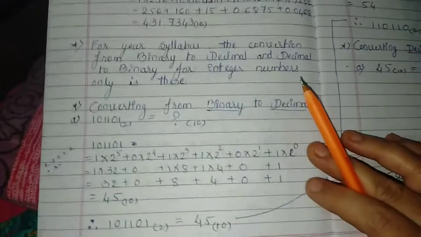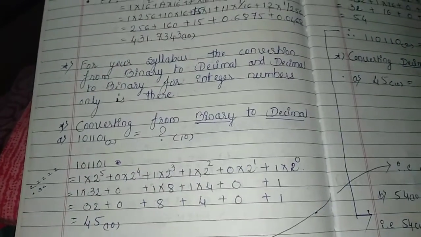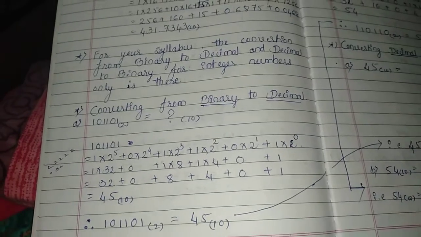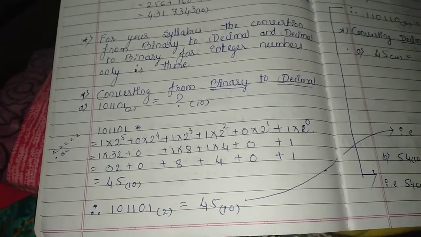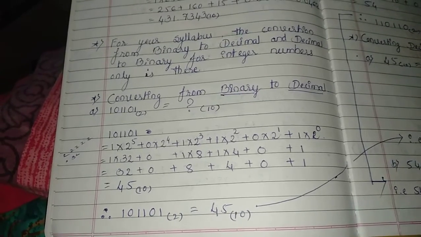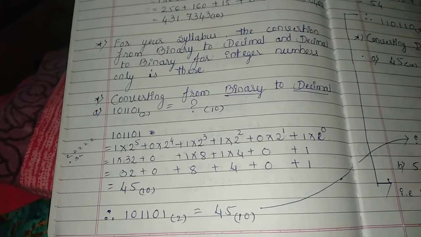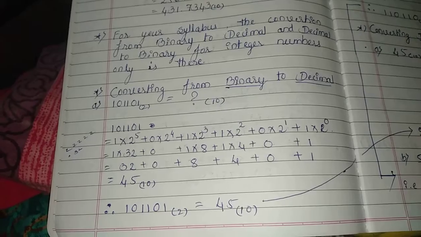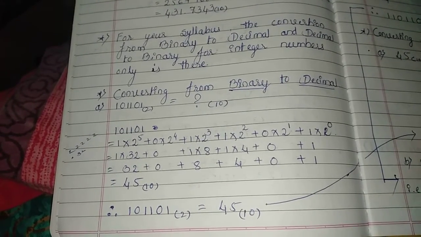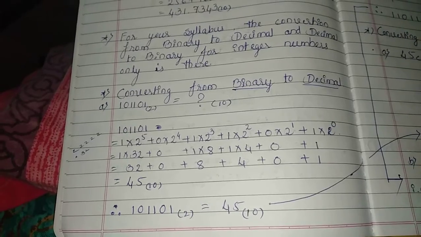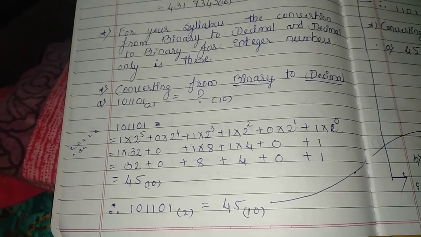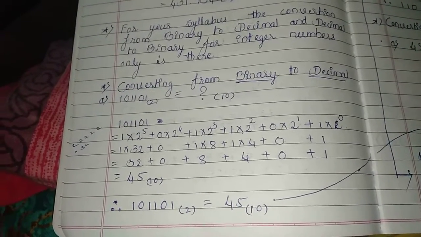This is the equivalent number to 1AF point BC. But for your syllabus, in this number system you may get a number given in the binary number system, and you may be asked to convert it into any other number system, like conversion from binary to decimal, decimal to binary.